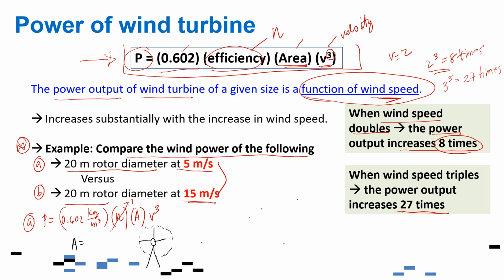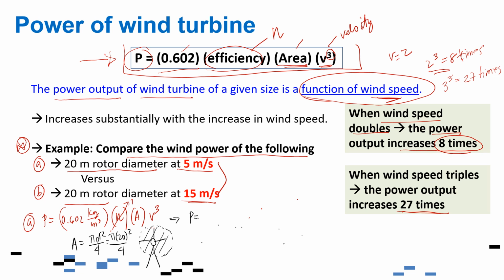So what is the formula for that? The cross section should be pi d squared over 4. From there, we have pi times 20 meters squared over 4, which is the area of that specific turbine. So we can put it here.